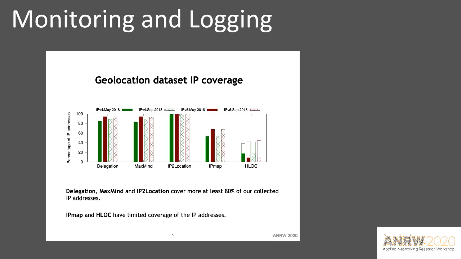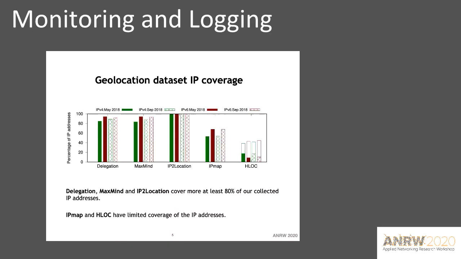The first step that we take in our analysis is to understand the geolocation dataset coverage of the set of IPs that are present on our collected IP paths. The plot shows the percentage of IP addresses mapped by each of the 5 geolocation approaches for 2 months, May and September 2018.